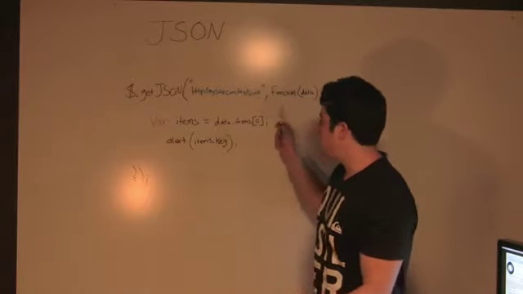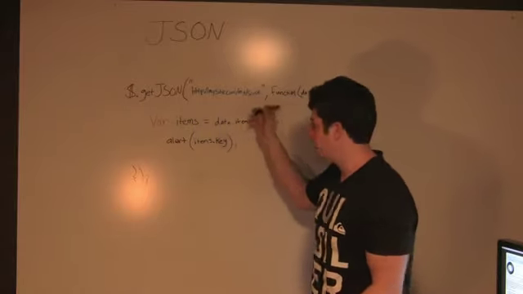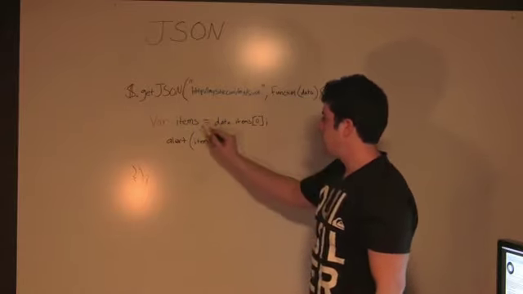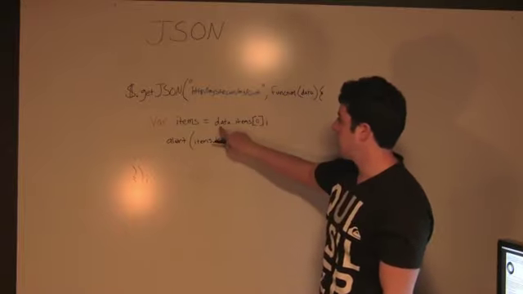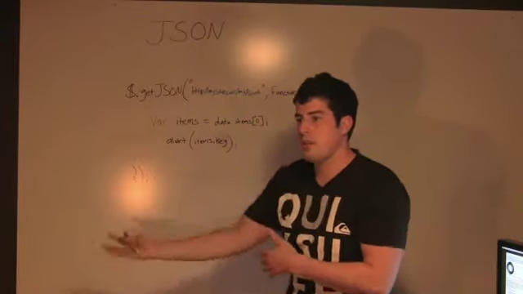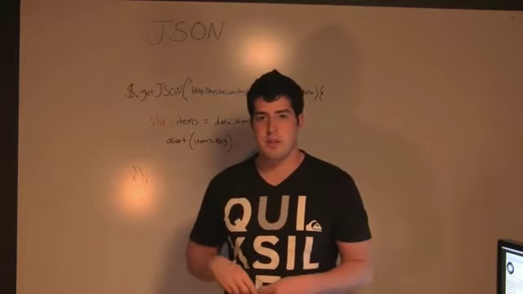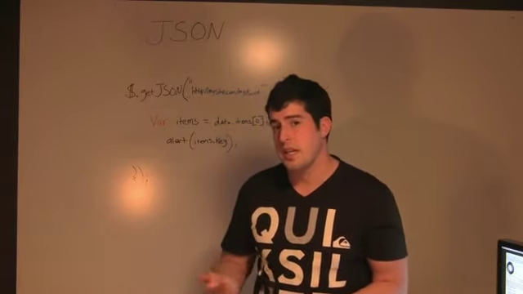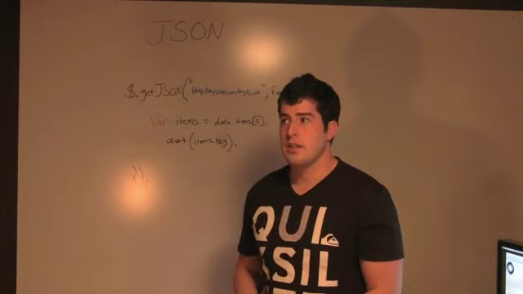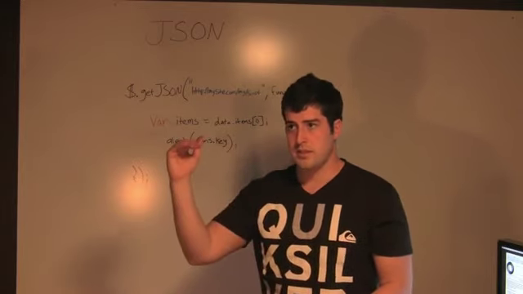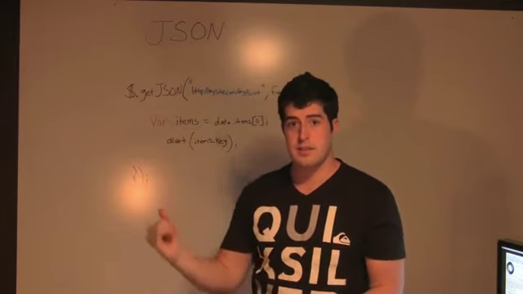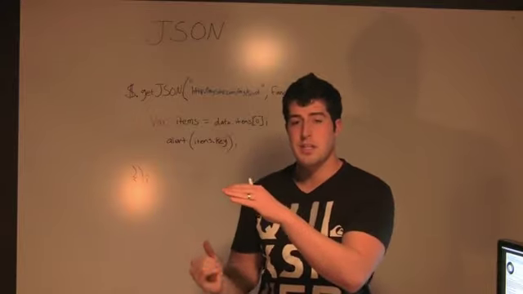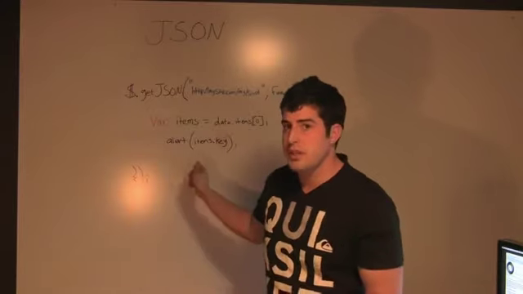All you have to do is set up an AJAX request, get back some data, and now you have access to this data object here, and you can pull things out of it. You can do whatever you want with it. You can set up a for loop to go through each data item and do something with it. You can set up an HTML unordered list and go through it for each data item.